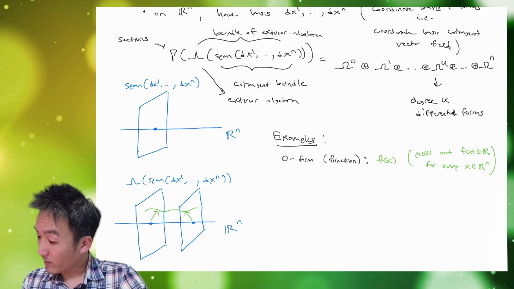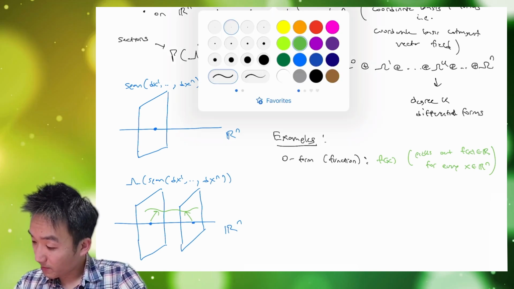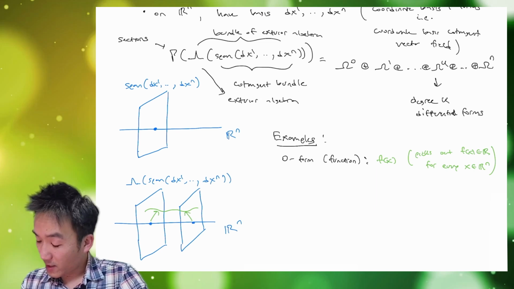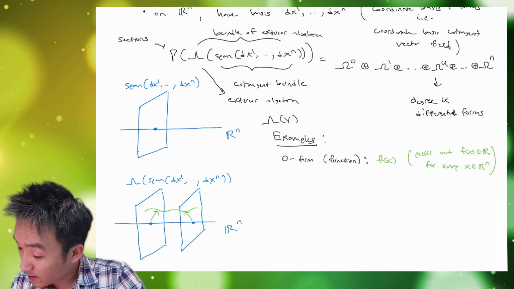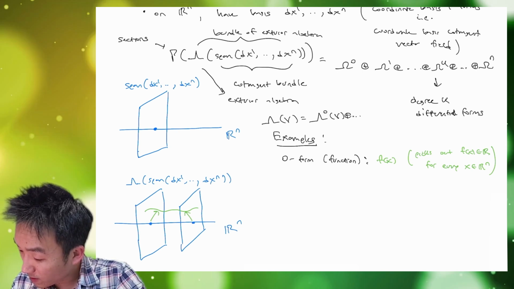I guess I should have explained that. Remember that the exterior algebra, if I have the exterior algebra on a vector space, then it has different components.